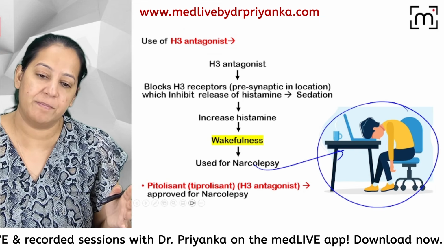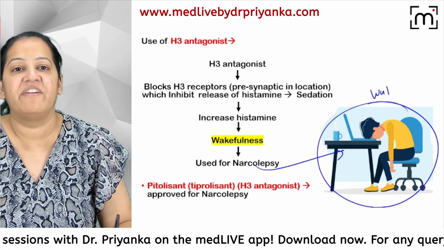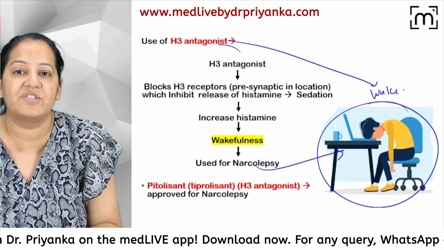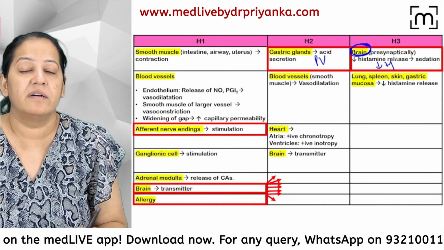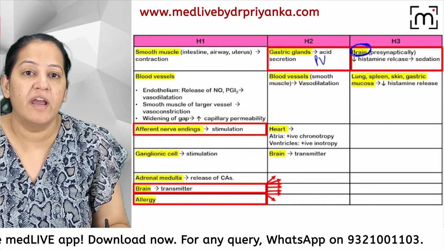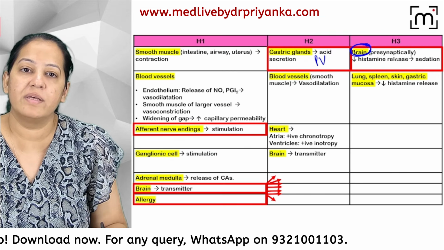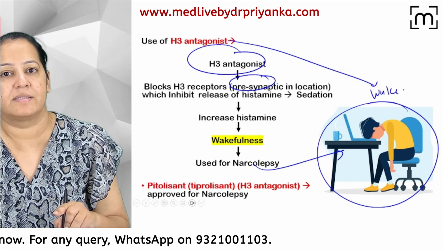Narcolepsy is a disease in which people sleep anytime, anywhere. We want this person to wake up, so I am giving an H3 antagonist. What does an H3 antagonist do? It is present presynaptically. The H3 antagonist will reduce the inhibition of histamine release, so histamine increases. Histamine produces wakefulness.